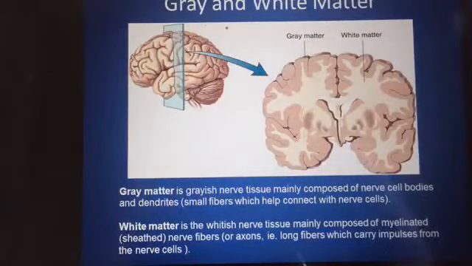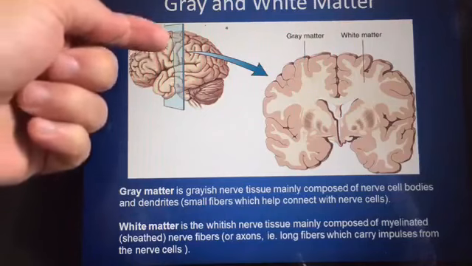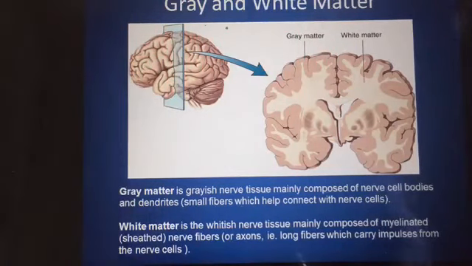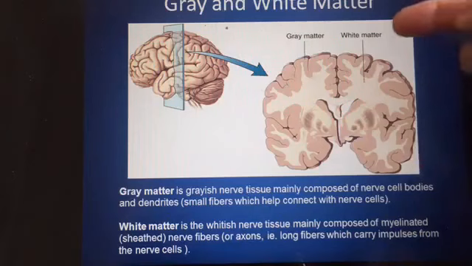So this is a basic anatomical structure of the brain. As you can see on this side, this is the brain, and you can see that if it is sliced, what you see on this side is what the slice kind of looks like. So the brain is essentially comprised of the gray matter and the white matter.